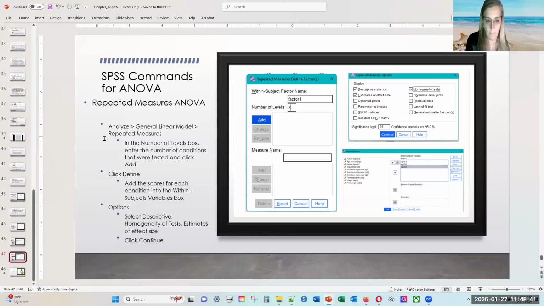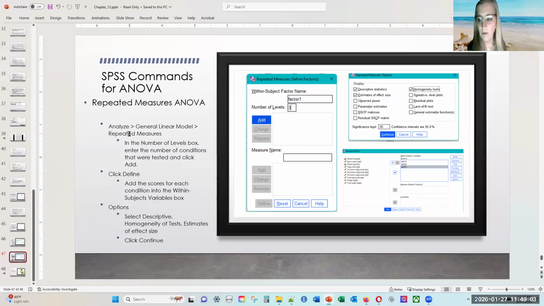And then here is an example of the steps you would take if, instead of performing an independent measures ANOVA, you wanted to do a repeated measures ANOVA. It's a very different test.